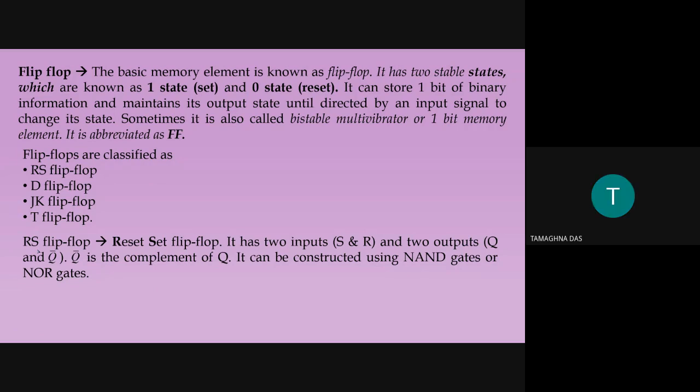Sir, for all flip-flops, or for reset set? No. For all the flip-flops, RS, D, JK, T, whatever they are, every flip-flop has 2 outputs. One is Q, one is Q bar, and Q bar is the complement of Q. Okay. So it can be constructed with NAND gates or NOR gates.